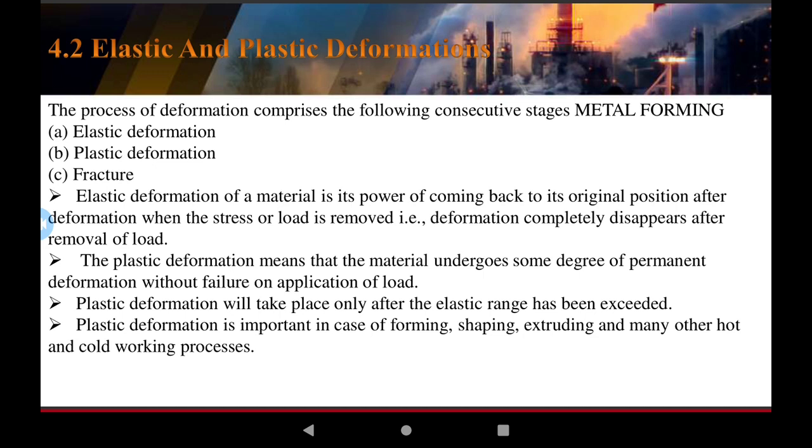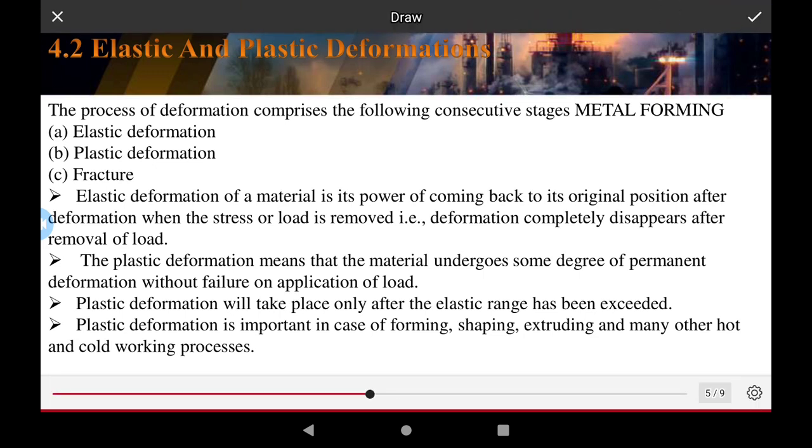Elastic and plastic deformation. The process of deformation comprises the following: elastic deformation and plastic deformation.